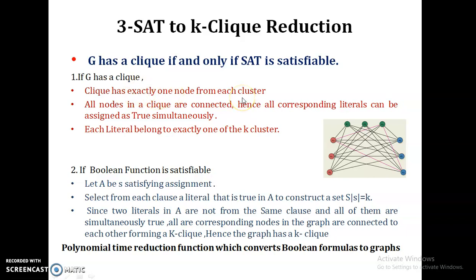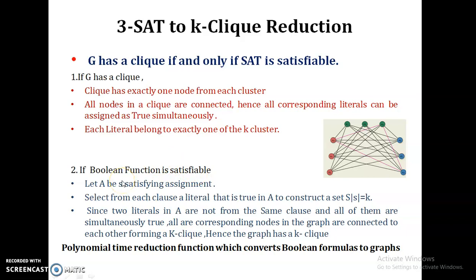Every node of the clique should be from each cluster. All nodes in a clique should be connected. And if you assign value 1 to each of these literals, then that Boolean variable will get the value 1, and we can say the Boolean formula is satisfiable. It will give the answer true, right? So each literal belongs to exactly one of the K clusters. That is very, very important.